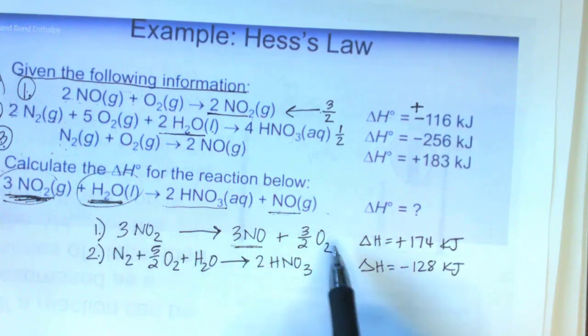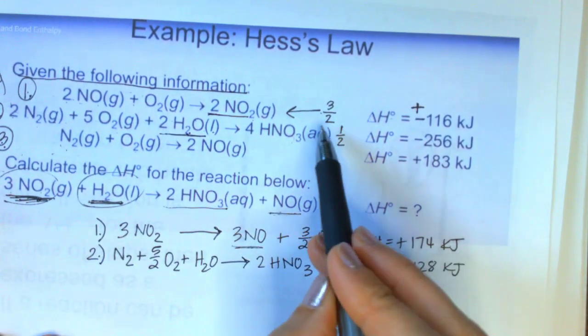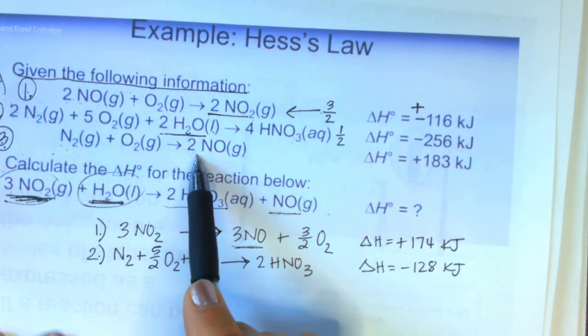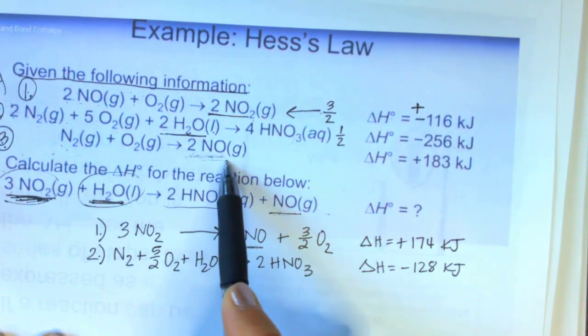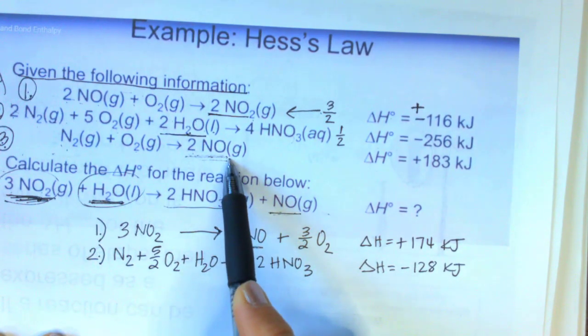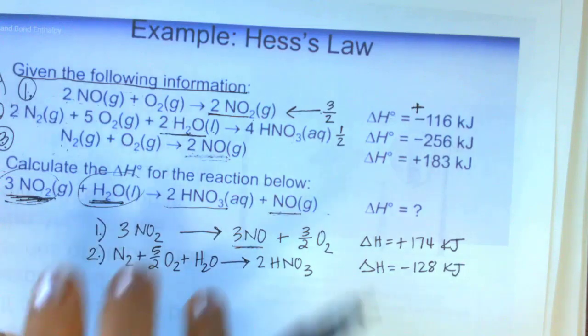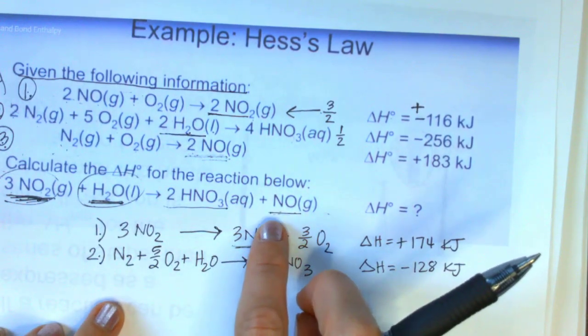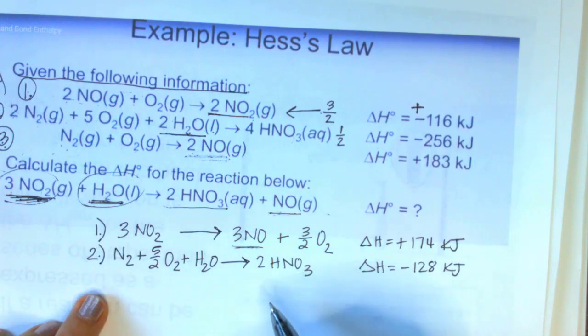Because I can't mess with that anymore. So let's look back at our elementary reactions and go, ooh, 2 moles of NO is in this reaction. If I were to flip this one and have 2 NOs on the left, 3 NOs minus 2 NOs would simplify down to 1 NO.